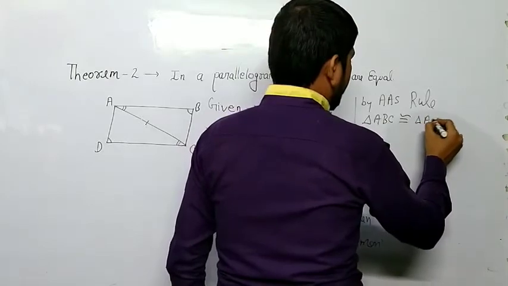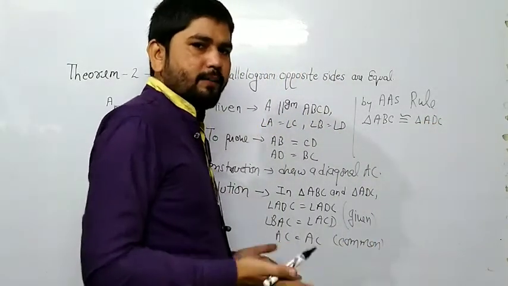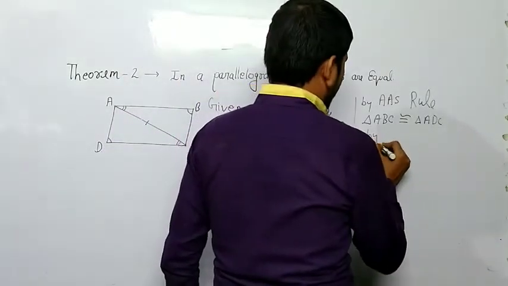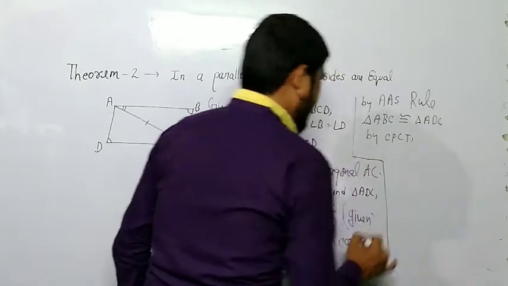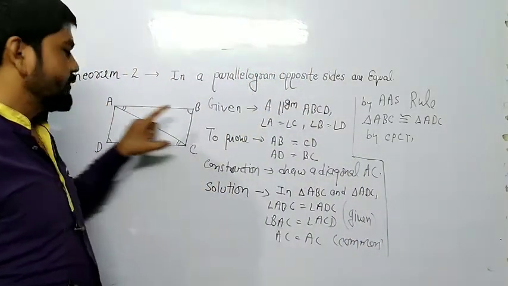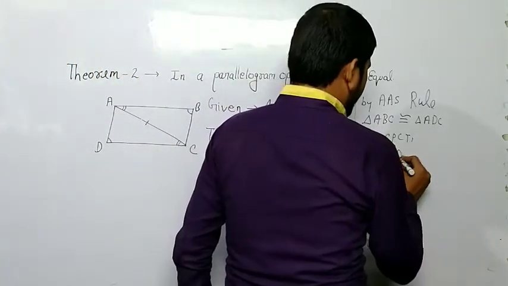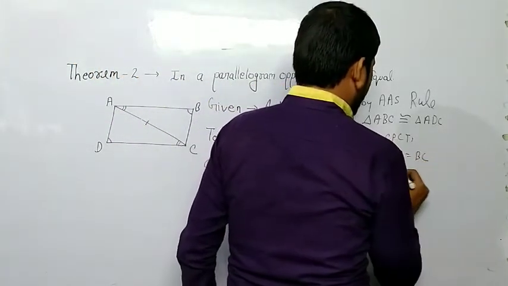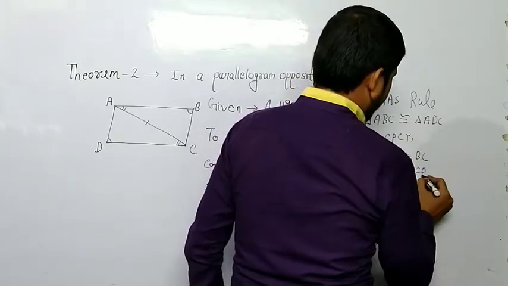Any problem, guys? No. If they are congruent, then by CPCT what can we write? We can write AD is equal to BC and AB is equal to CD. It is proved.